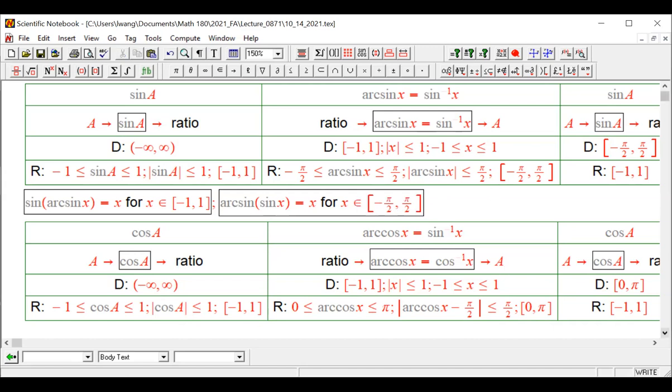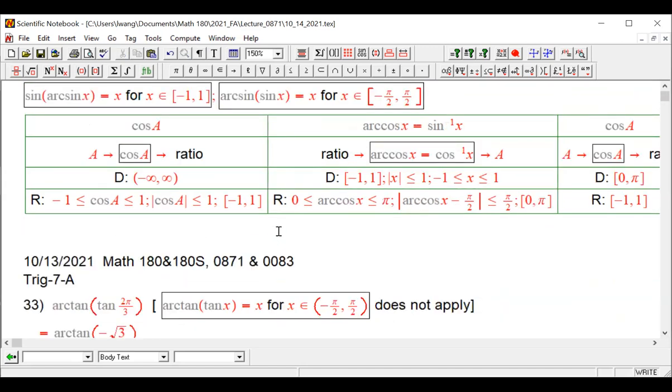For cosine it's similar. For cosine we will have similar properties. You have cosine of ArcCosine of x equals x, and for the same reason you can see that.